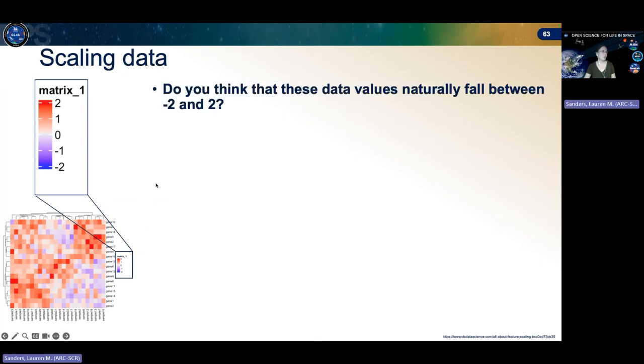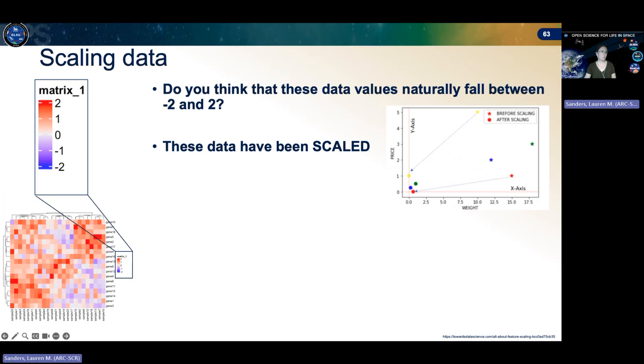Do you think that all the data values in our matrix naturally fell between -2 and 2? Especially if we're talking about gene expression data where we just said most of the values are close to 0, but there's this long right-hand tail because these values can be very, very large. These data have been scaled so that they fall between -2 and 2.